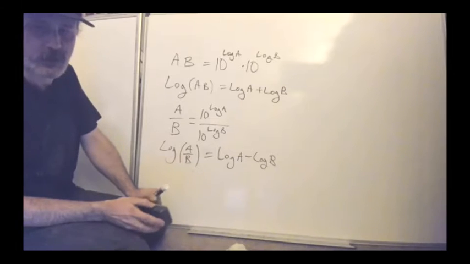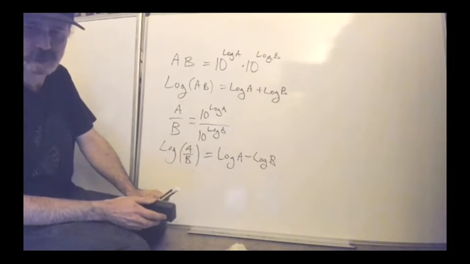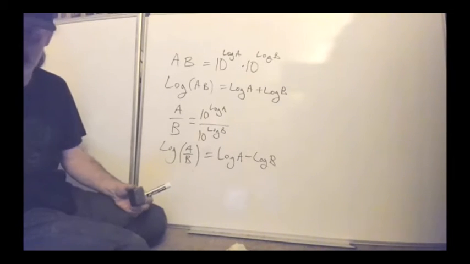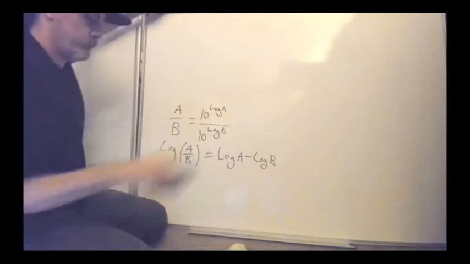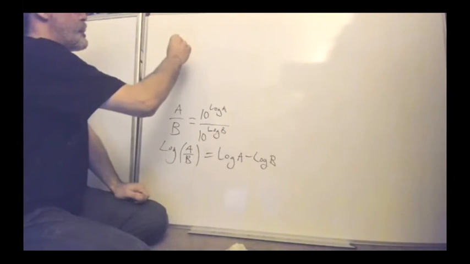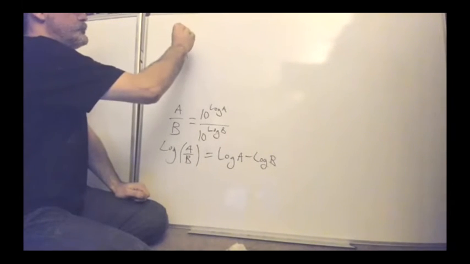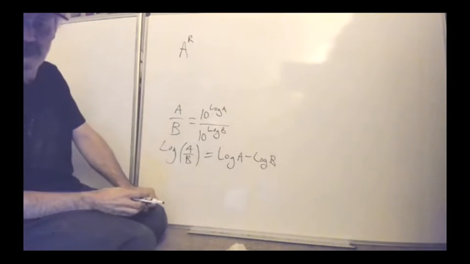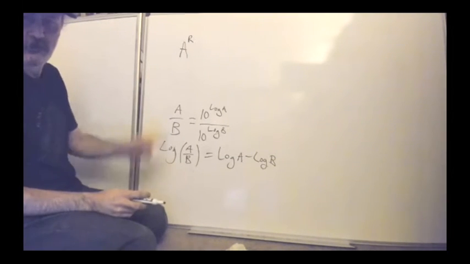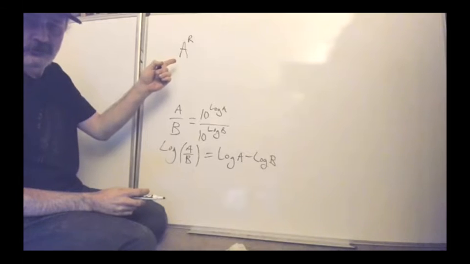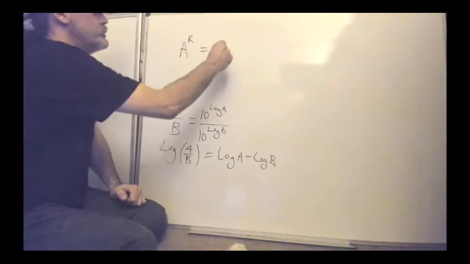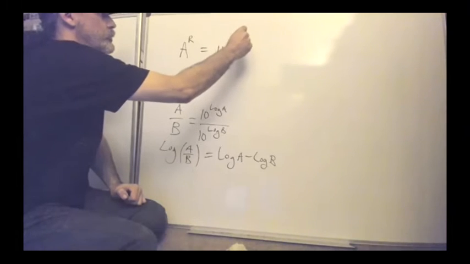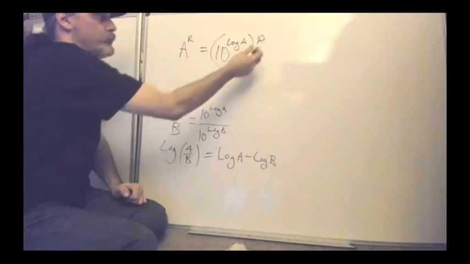Okay, and then we got the power property. Okay, and the power property is where, again, the same thing, and I'll just use the letter R. Okay, well, if we convert the original base to base 10, then we'd have to put this as 10 log A. And now notice what happens.